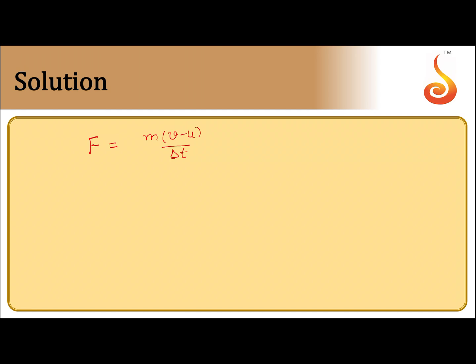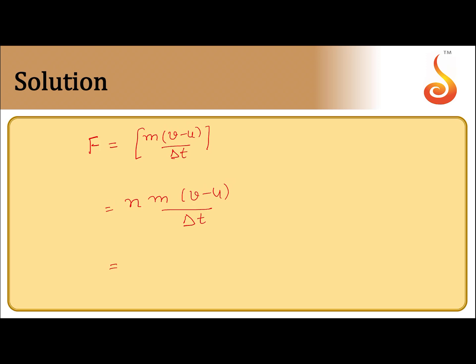That's right. This is the rate of change of momentum of one bullet. And if I consider n bullets, then it becomes nm(v − u)/Δt. Is that correct? Yes. nm(v − u)/Δt.